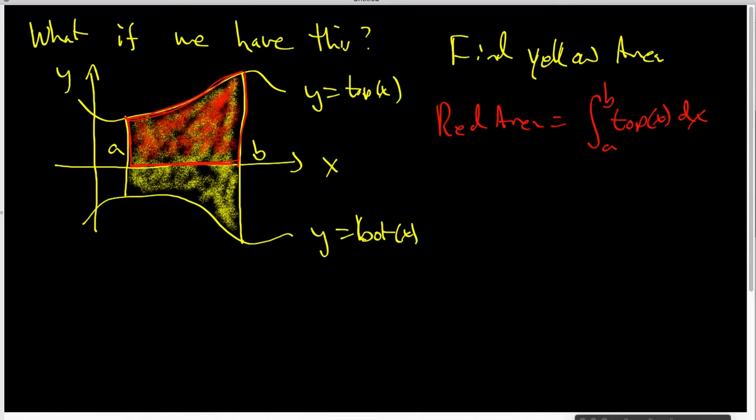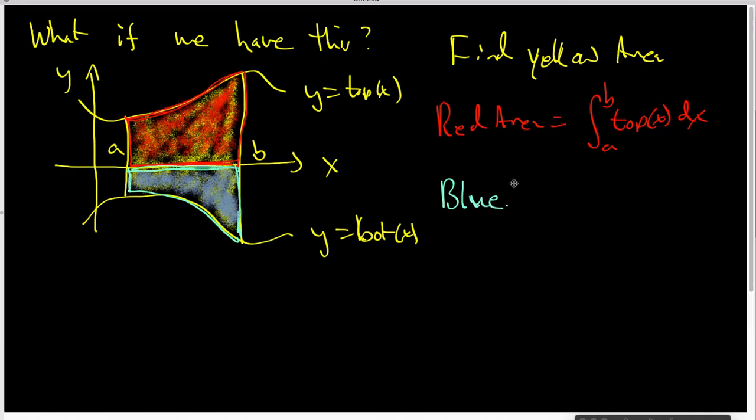Now I'm going to draw a blue area. And this blue area lies underneath the x-axis. So let's shade that blue area in as well. So here's the blue area. Now I need to think about the blue area in two different ways.